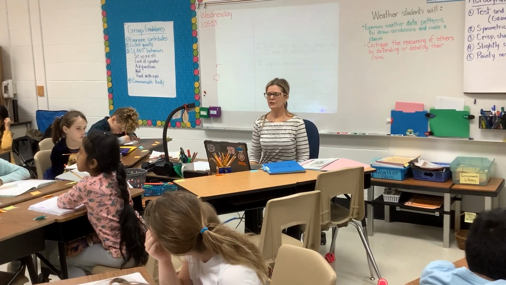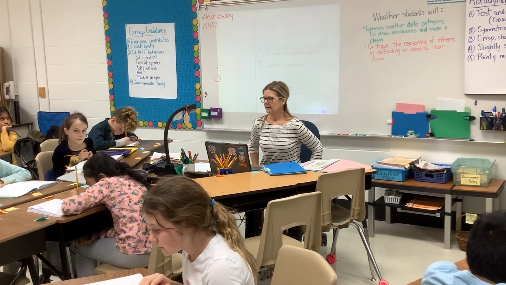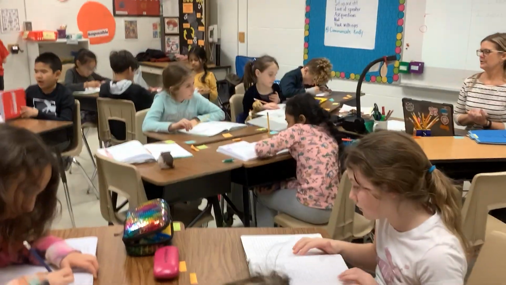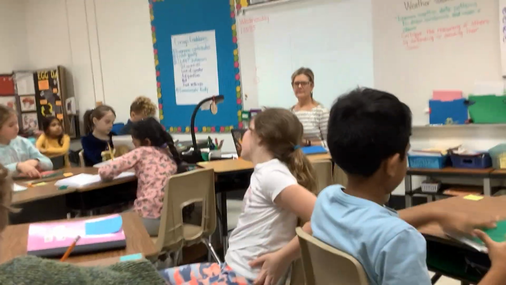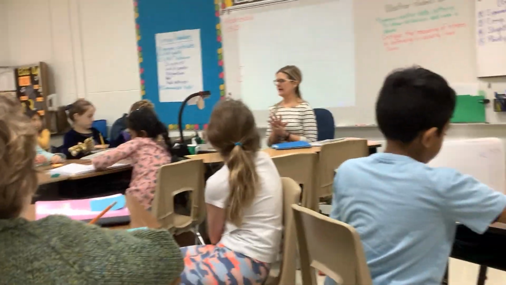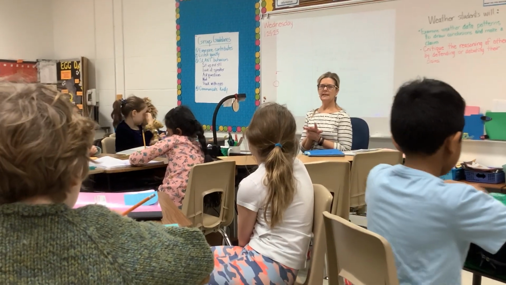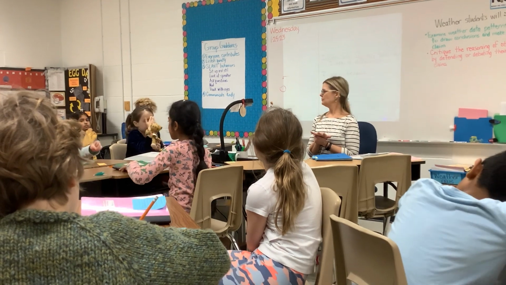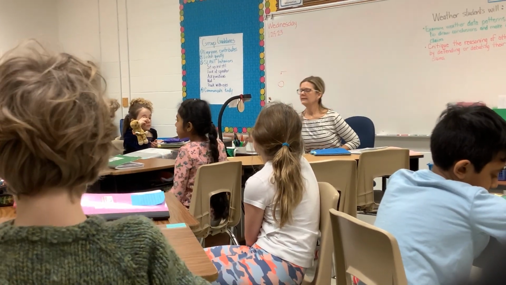All right, if you would finish your last word of whatever you're writing, and then put your pencil in your journal and close your journal up, and then put your eyes back up here. Do that by the count of 5, 4, 3, wherever you are, even if you're not done. 2, and 1.